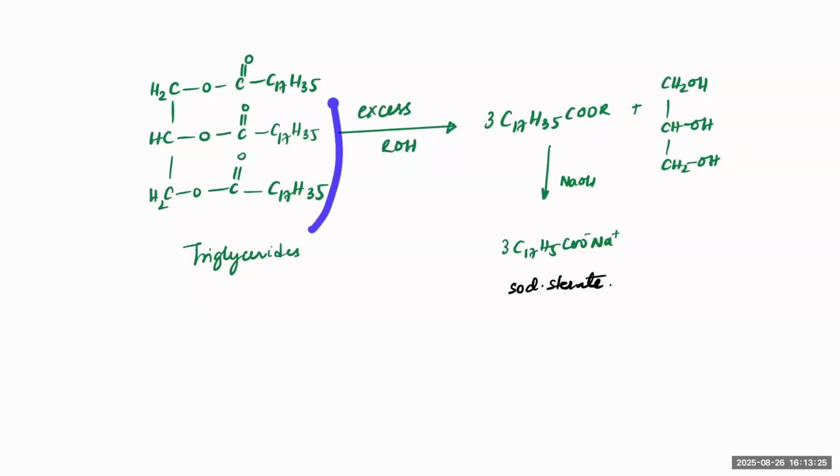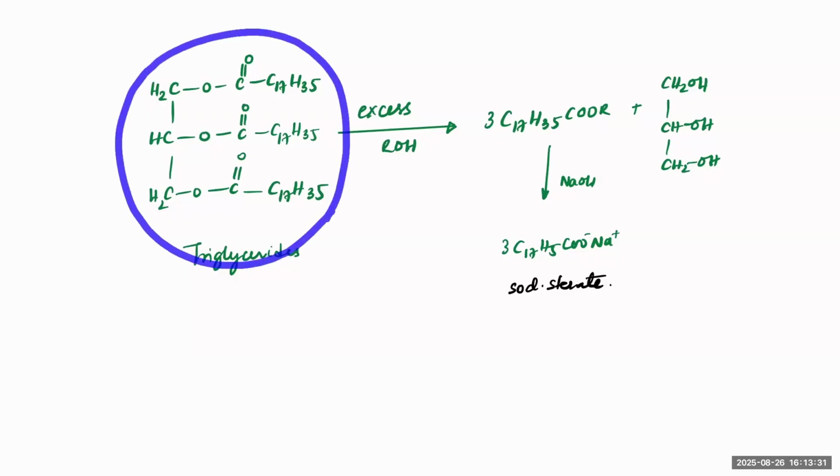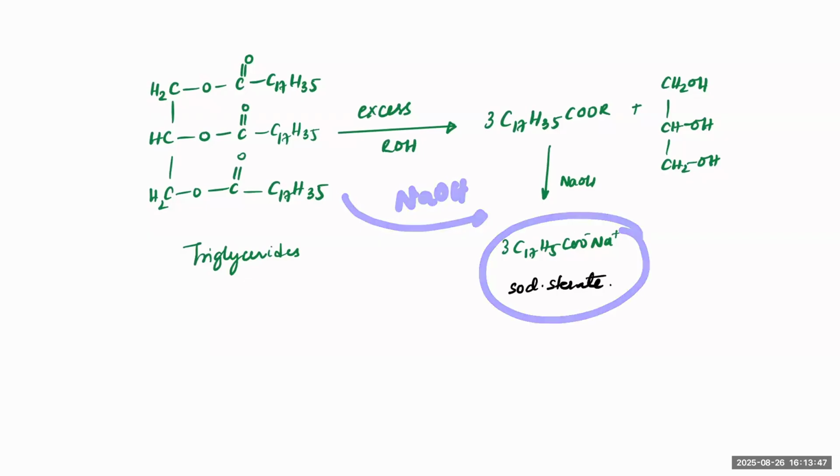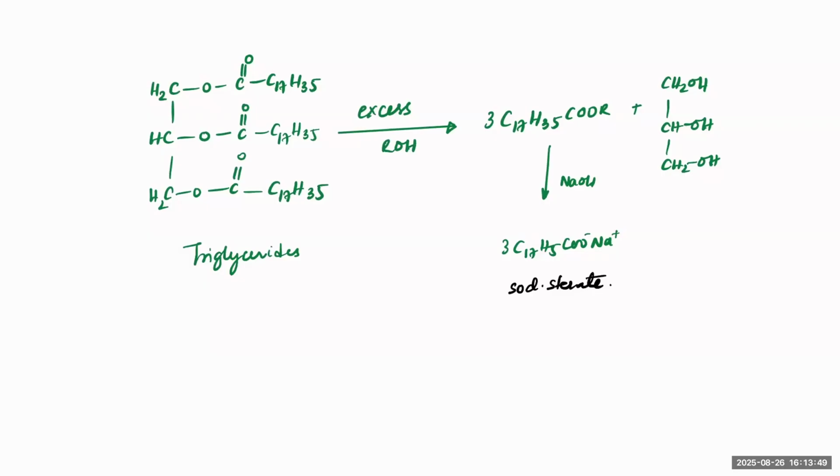Soaps are made up of these complex triglycerides, which we consider as the waxy part. You can directly react with acids also or with a base. As you react with NaOH, you will directly get this salt form, the soap form.